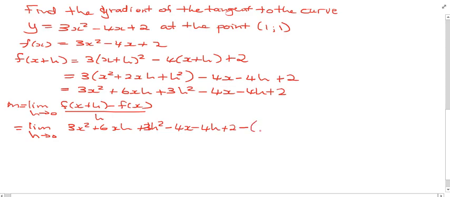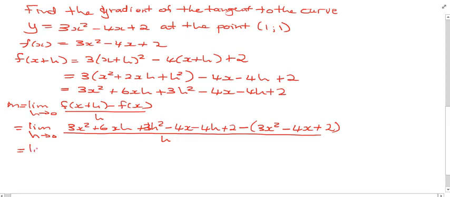This is subtracted by the following: 3x squared minus 4x plus 2. The entire thing is divided by h. So that will be the limit as h approaches 0.